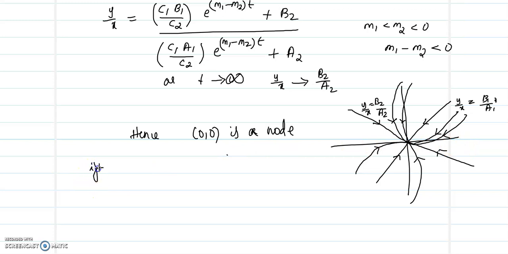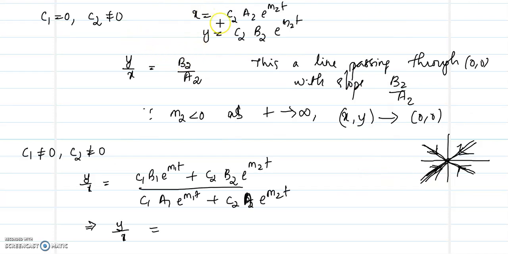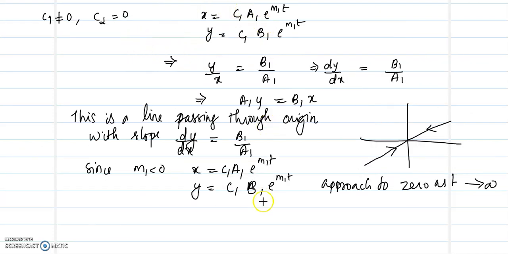Now similarly, if m1 and m2 are both greater than 0, and m1 not equal to m2, so they are distinct and greater than 0, what happens is again this whole thing will be the same.